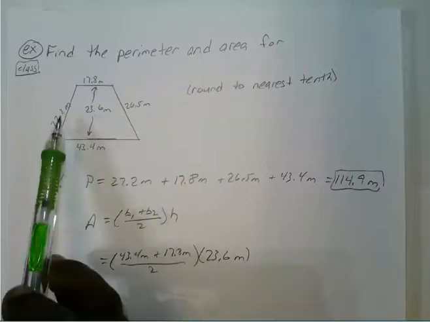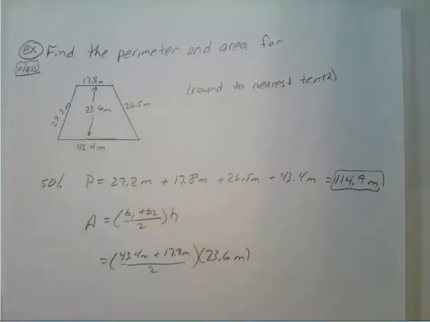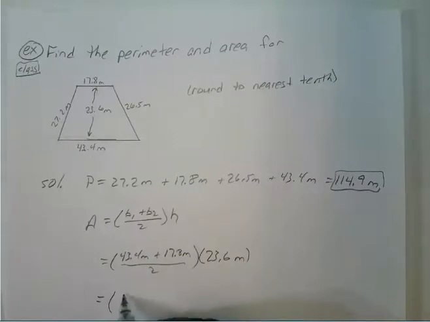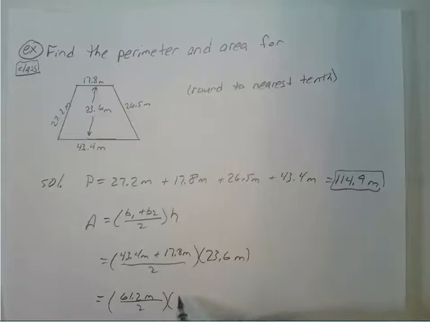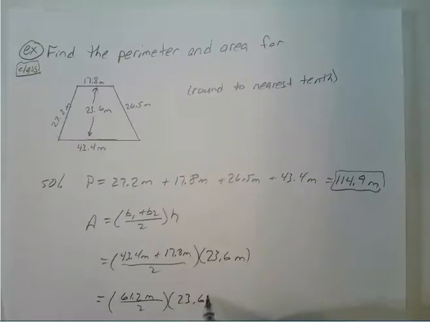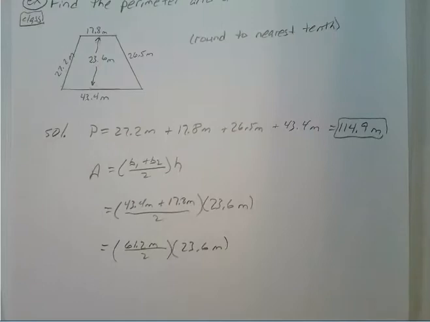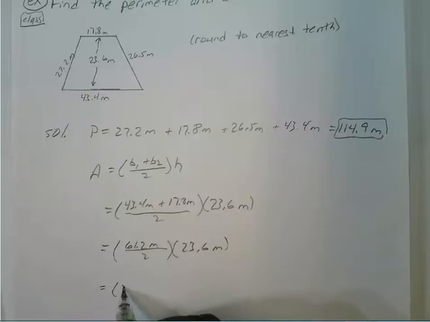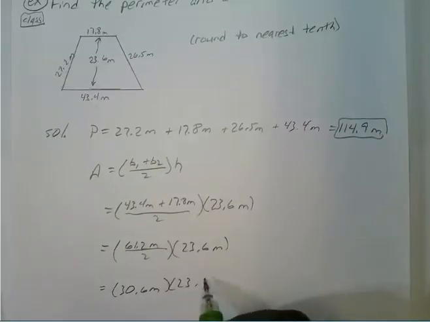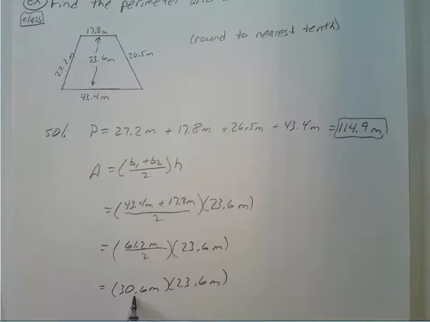So you can see to find the area, we don't need these sides. So this is going to equal 61.2 meters divided by 2 times 23.6 meters. 61.2 divided by 2 is 30.6. So you have 30.6 meters times 23.6 meters.